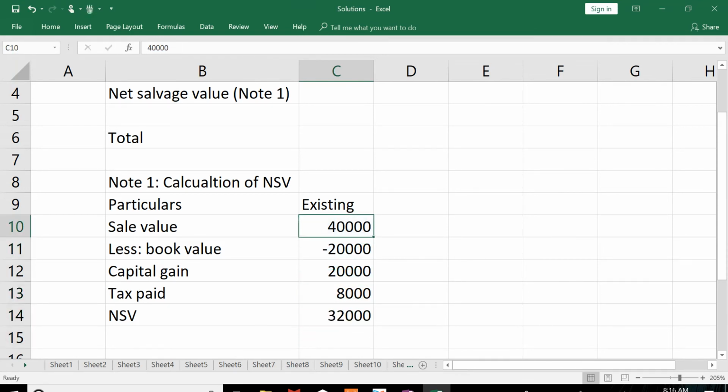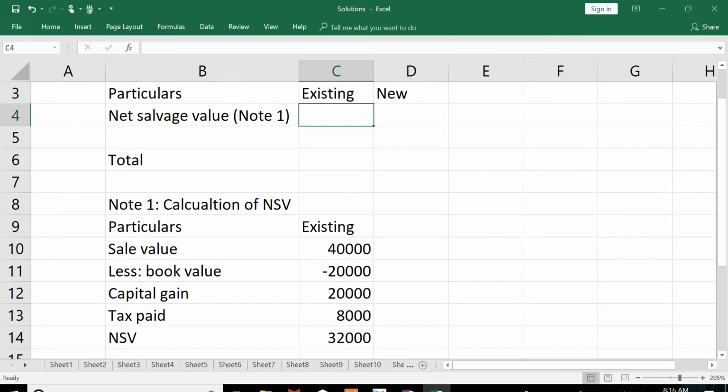Any doubts in this? We'll write minus 32,000 here. No working capital and all. Any doubts on 32,000?